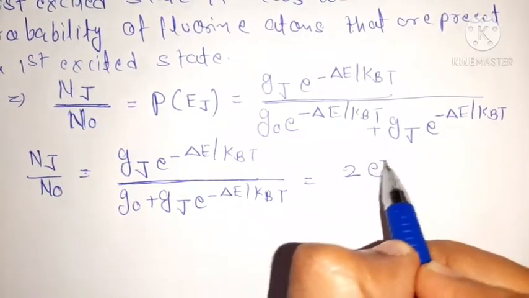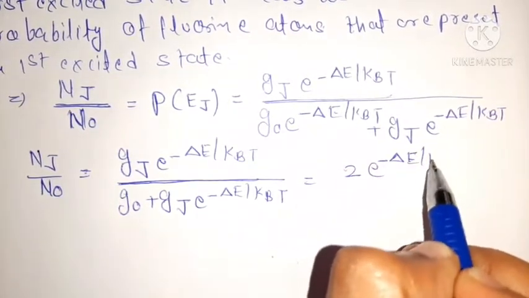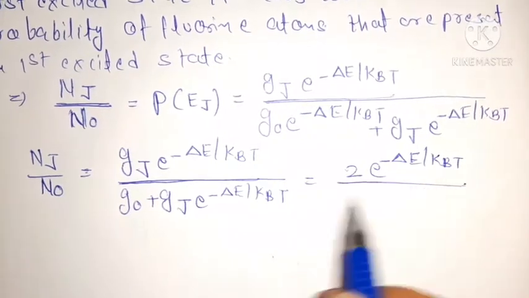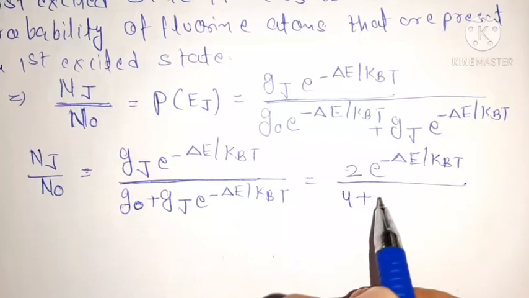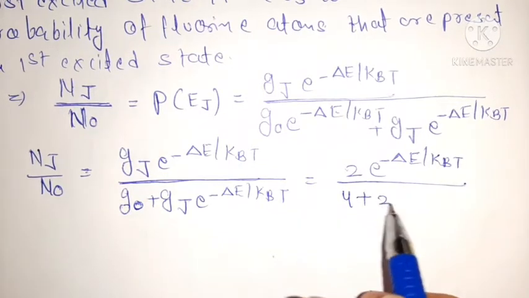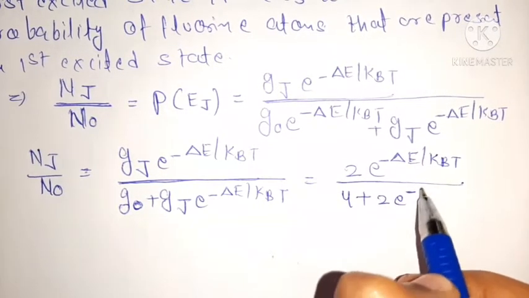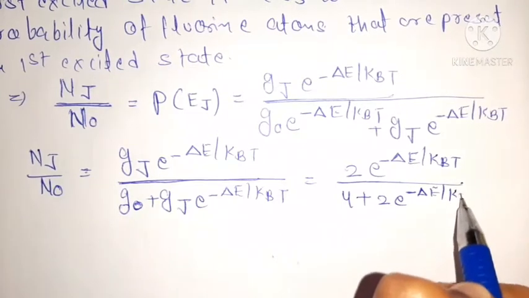So 2 into e to the power minus delta E upon Kb T, upon the degeneracy of the ground state, which is 4, plus 2 into e to the power minus delta E upon Kb T.